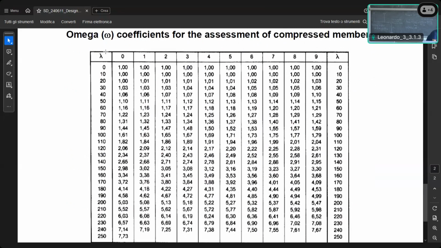Here, you go down the first column where you find the value 80 and then move to the right. The first number is 80, 81, 82, 83, 84, 85, which means the value corresponding to lambda 85 is 1.37.